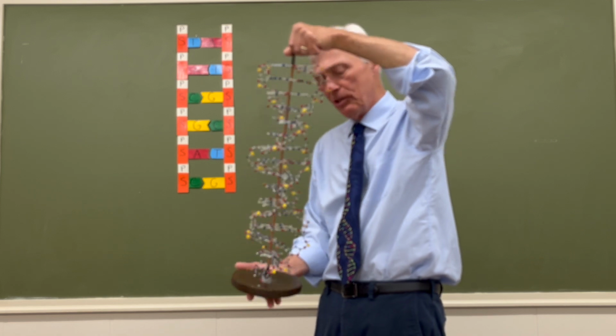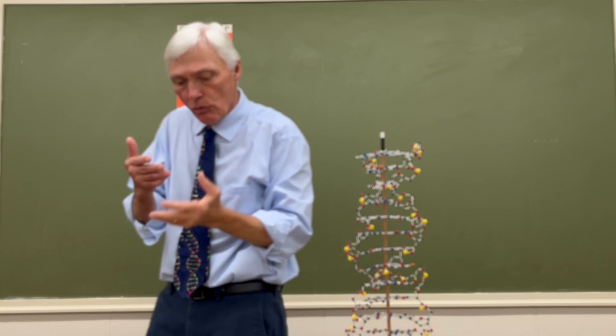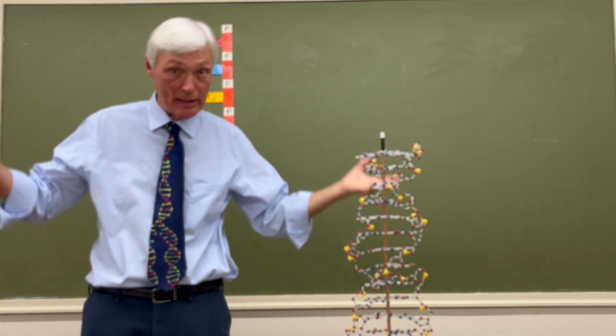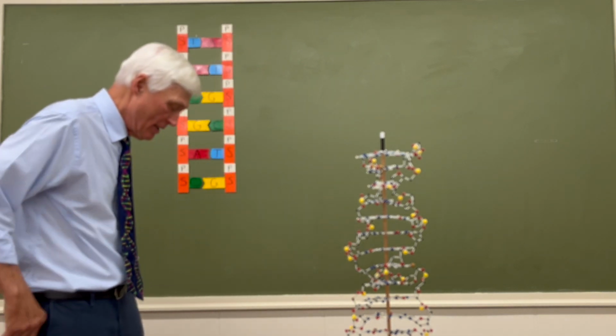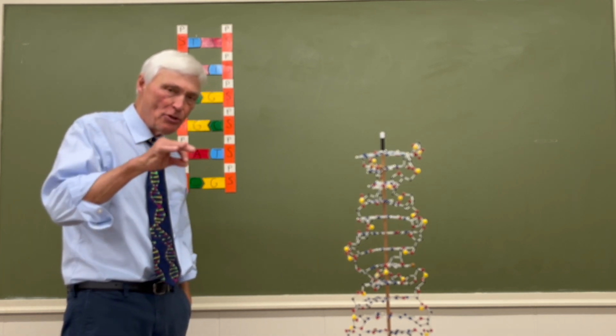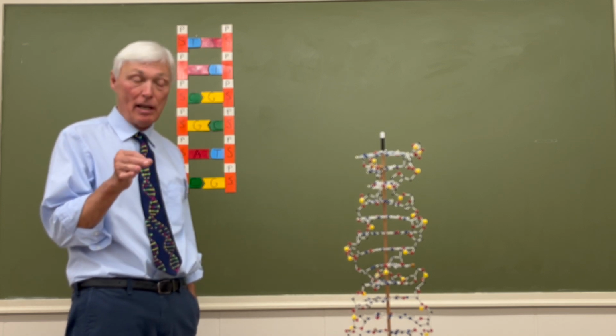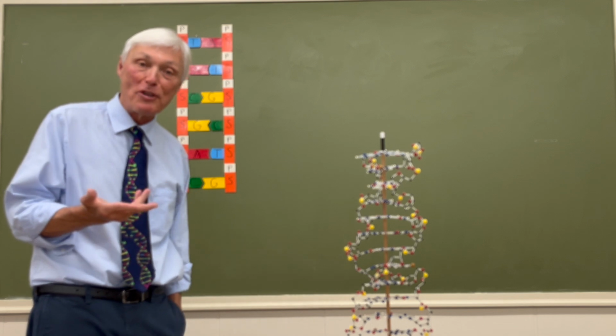So, in just one of your cells, and you're made up of like 100 trillion cells, in those 46 chromosomes, how many base pairs of DNA do you think are in those 46 chromosomes?